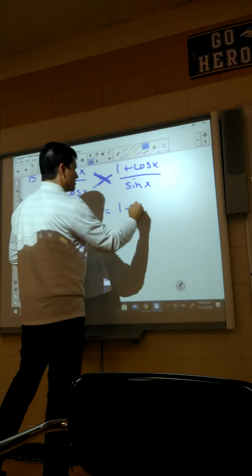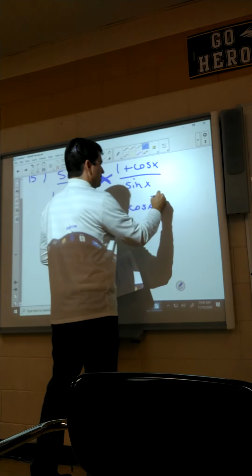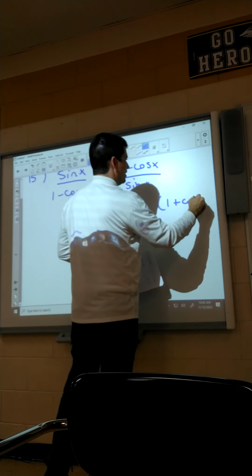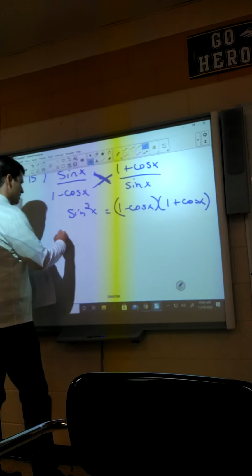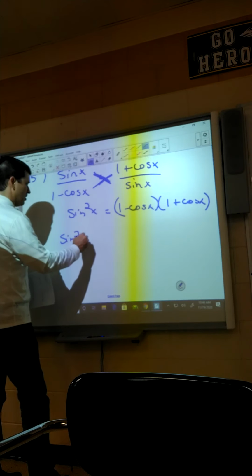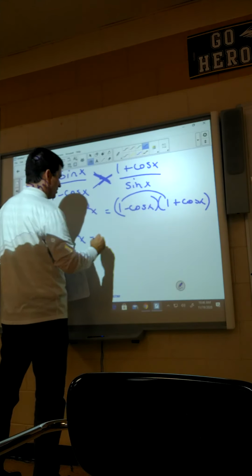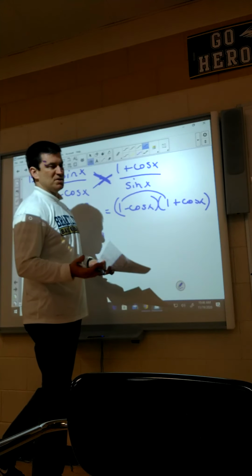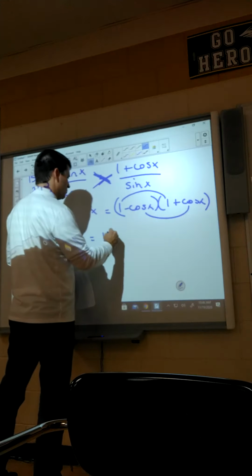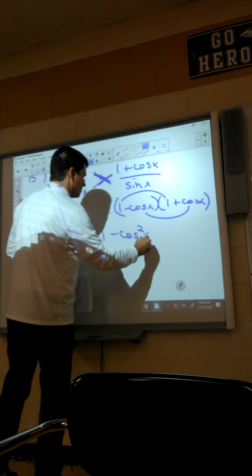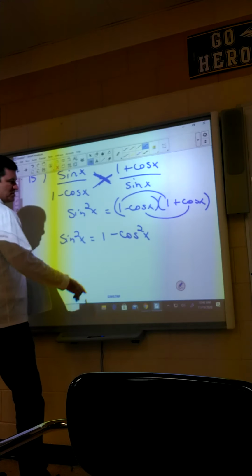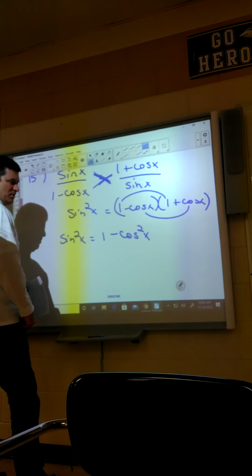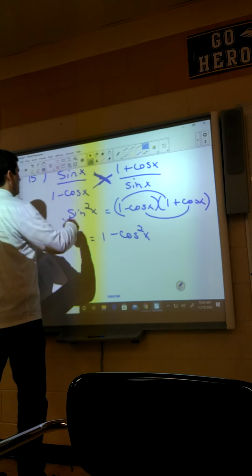I got 1 minus cosine x and 1 plus cosine x. All right, so let's bring down sine squared. Let's FOIL this out. 1 times 1 is 1. Hey, we know the middle is going to cancel out anyway. Why don't we just skip it? Minus cosine squared. So 1 minus cosine squared, that changes to sine squared. Then you'll have sine squared equals sine squared. 16.